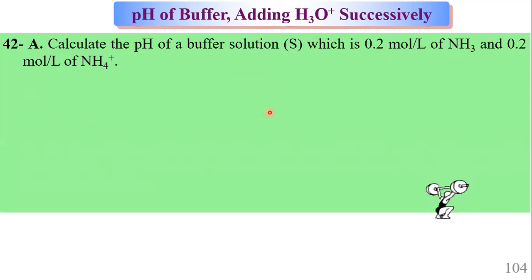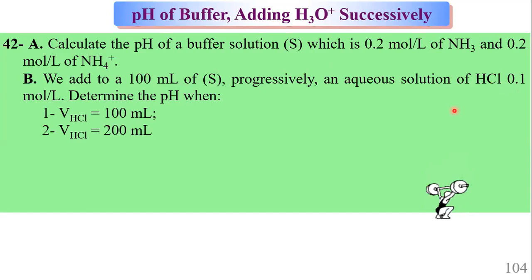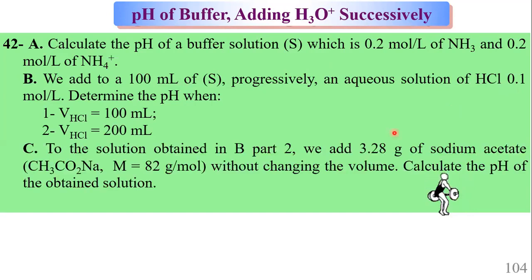To 100 milliliters of this buffer, which we called S, we're going to add progressively some 0.1 molar HCl. The first time we're going to add 100, then we're going to add 200, and then there's going to be part C of this question.